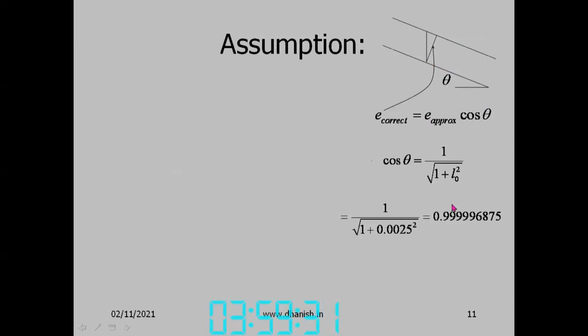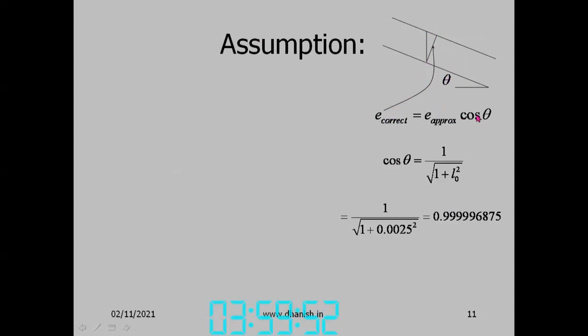For the given data, the correct error is perpendicular to the line. This is the correct straightness error. But we have simply taken maximum minus minimum, which is a vertical distance. So the correct value is actually the approximate value times cosine theta.